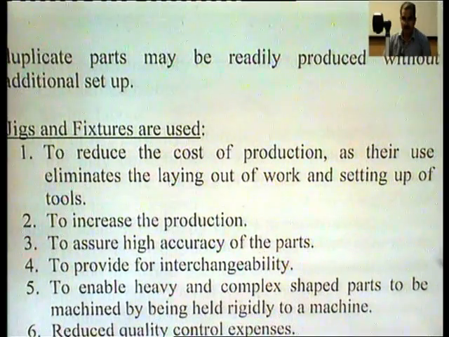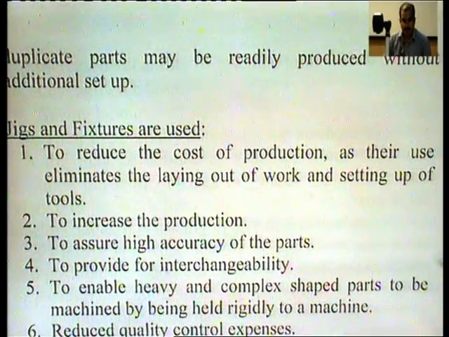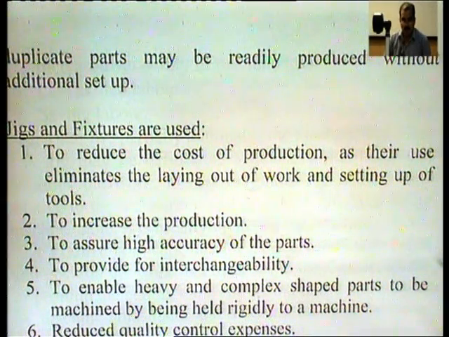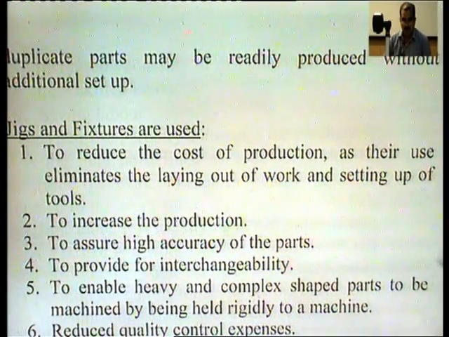These jigs and fixtures are used, first of all, to reduce the cost of production, as their use eliminates the laying out of work and setting up of tools. Second, to increase the production, because if we produce a product individually or manually, without the help of these jigs and fixtures, naturally we will take more time.